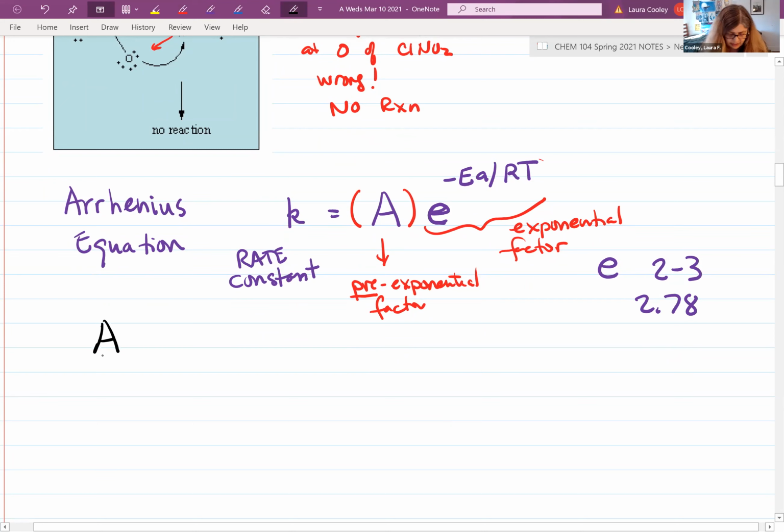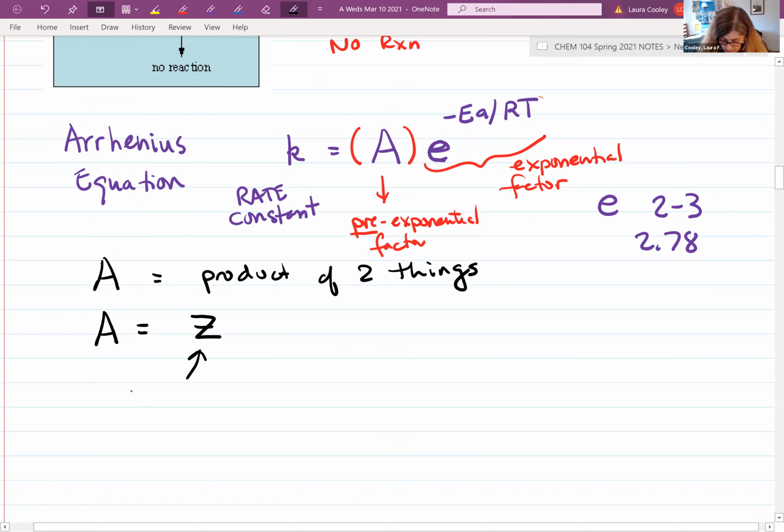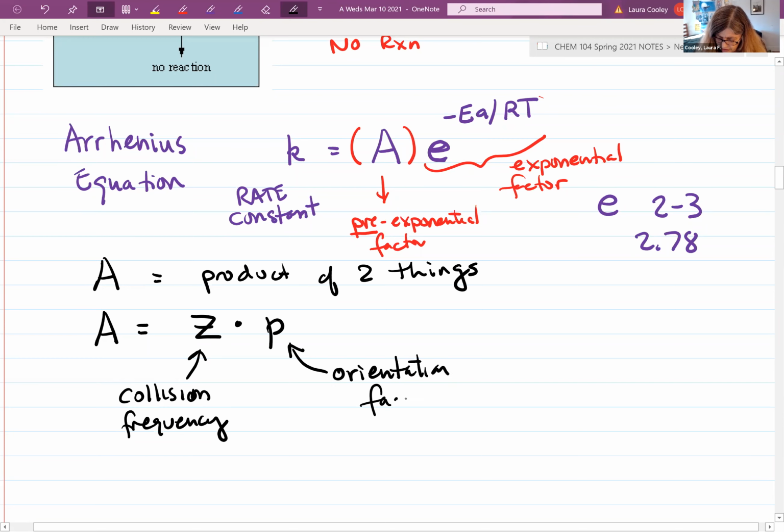But this pre-exponential factor is actually the product of two things that we've already talked about today. It's equal to Z, where Z is the collision frequency, multiplied by P, and P is what we call the orientation factor.